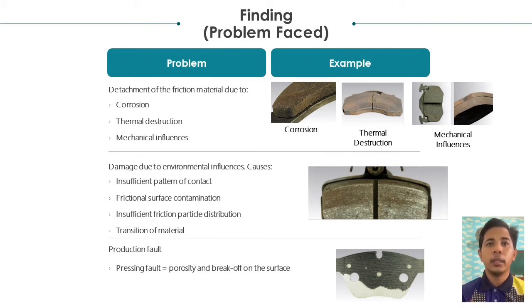The second one, damage due to environmental influence caused by insufficient pattern of contact, frictional surface contamination, insufficient friction particle distribution, transition of material. And the last one is production fault. There will be a pressing fault, causing porosity and break off on the surface.